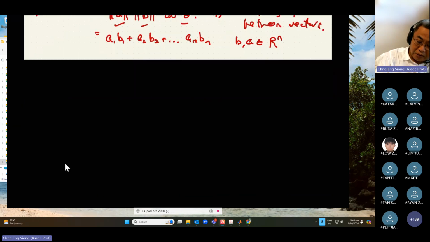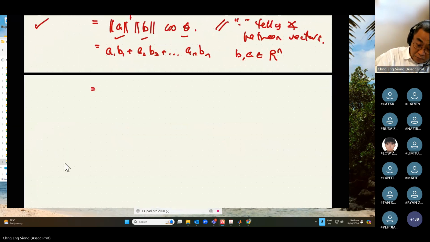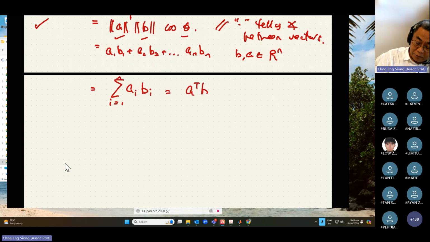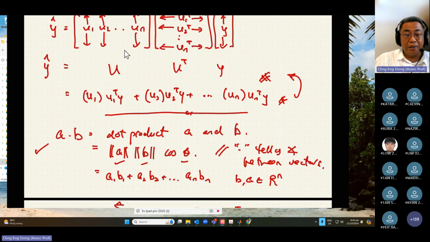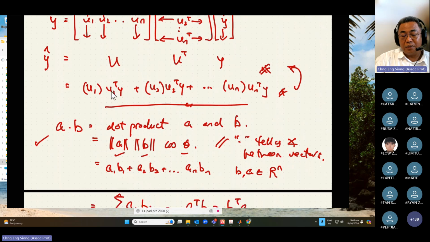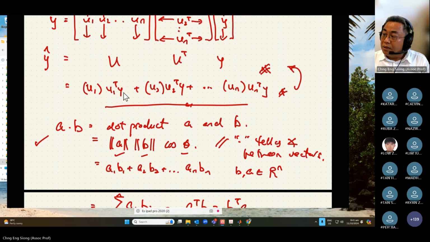Then this equation, of course, is the same as the summation of AI BI, i equals 1 to N. This equation is the same as A transpose B. It's the same as B transpose A. So these are the many ways I can write the dot product. Therefore, when I write A dot B, or U1 transpose Y, this is the same as U1 dot Y. Clear?